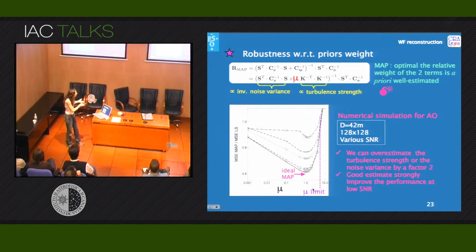Another case of problem if you input bad statistics on your estimator is for the laser guide star on the extremely large telescope. So the principle of the laser guide star is, as I said before, to generate an artificial guide star in the sodium layer of the atmosphere. But since we have a very large telescope, now this star is resolved.